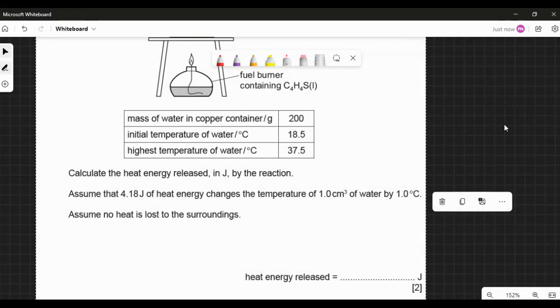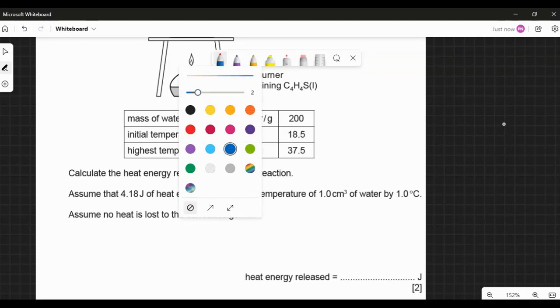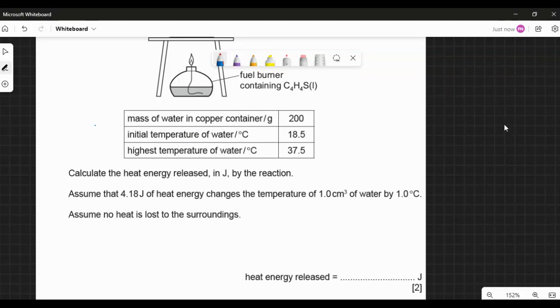Right, now, as we've said 1,000 times, everyone, let's go to a different colour. Let's go to dark blue. All it wants is the heat energy, so Q is mc delta T. m is the mass that you're heating up. It's not the mass of the fuel, it's the mass of the water you're heating up.